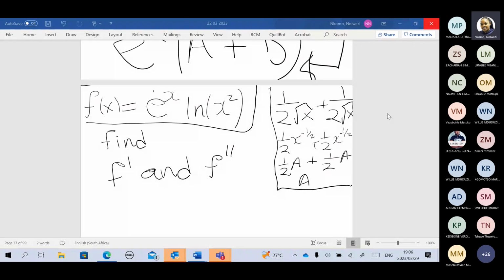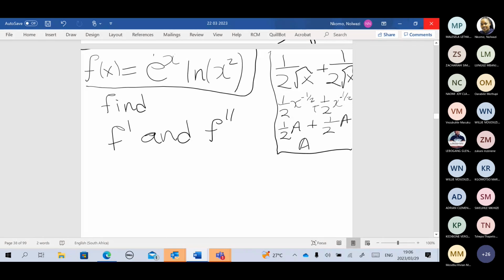Are you guys done or do you need more time? What did you get as your first derivative? e to the power of x multiplied by ln x squared, plus e to the power x multiplied by 2 over x.